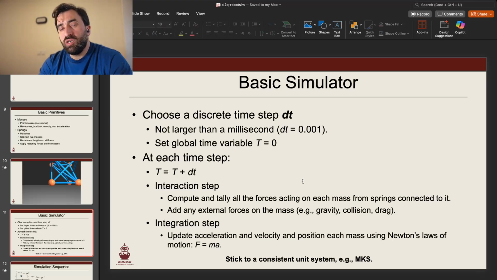What you do is compute all the forces acting on each mass from the springs connected to that particular mass. Then you add any external forces on the mass, like gravity, collision, drag, friction, and all of that. After that, you integrate in the next step, which means you update the acceleration, velocity, and position of each mass using Newton's laws of motion.